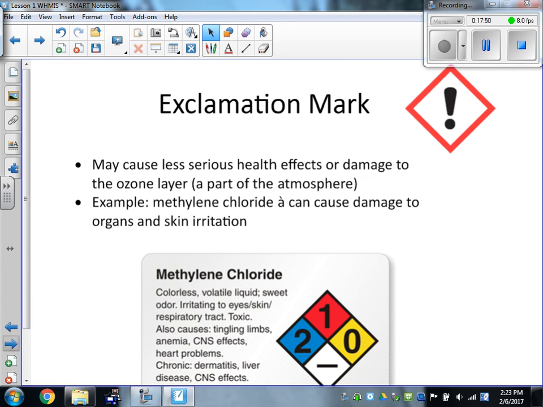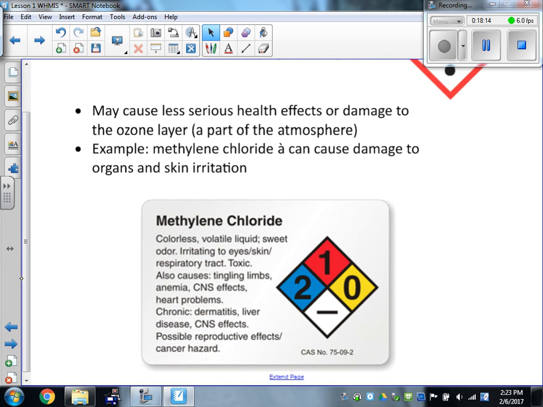Okay. Exclamation mark. So exclamation mark basically means may cause less serious health effects or damage to the ozone layer, which is a part of the atmosphere. So for example, methylene chloride can cause damage to organs and skin irritation.